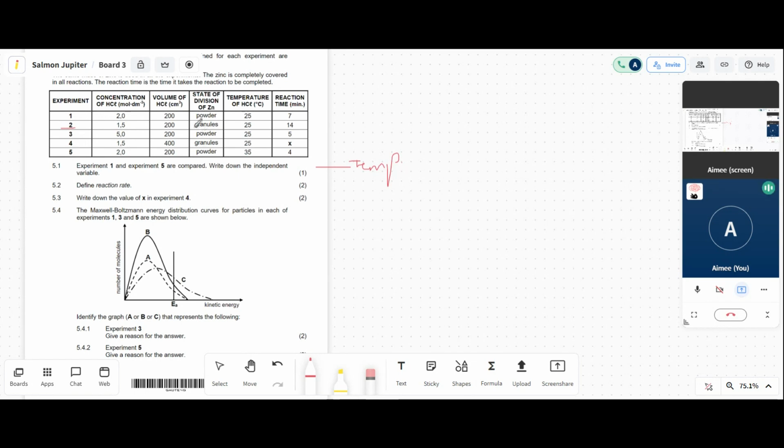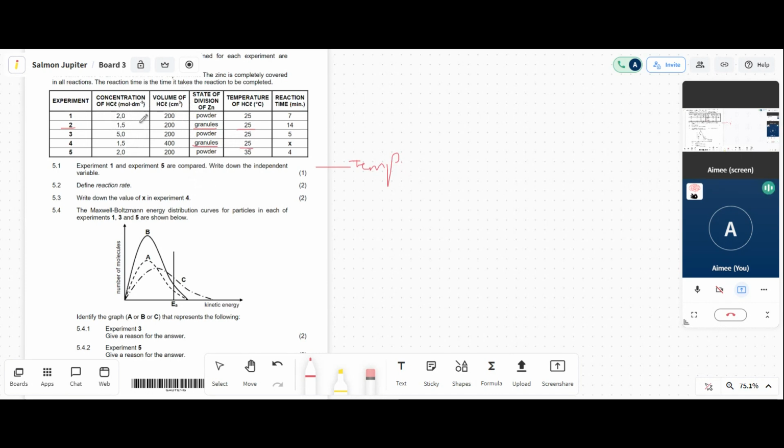Okay, let's see. Is our state of division the same? Yes, it is. Is our temperature the same? Yes. The only thing that's different is volume. And in this case, volume doesn't really mean anything. The concentration is the most important factor here. It basically means that the same amount of HCl is going into each of these reaction vessels. It's just going in with a different quantity of solution.